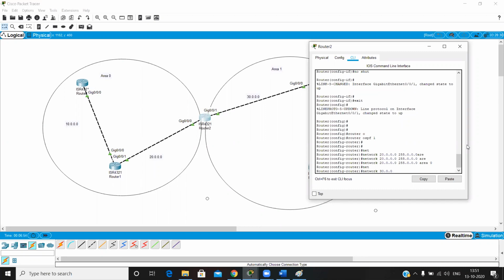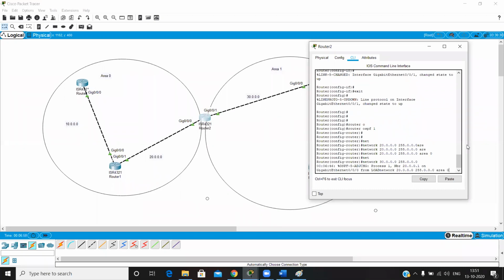Network 30.0.0.0, subnet is this. And the area for the 30 network is, Kishore? 1. Yes.